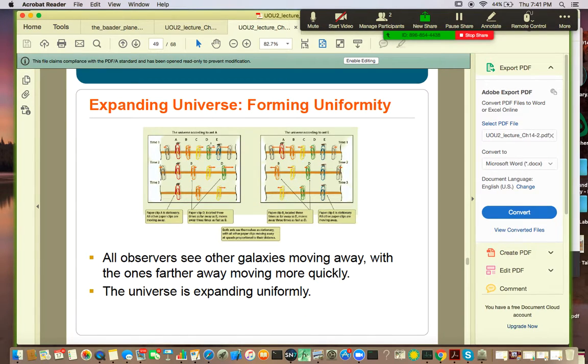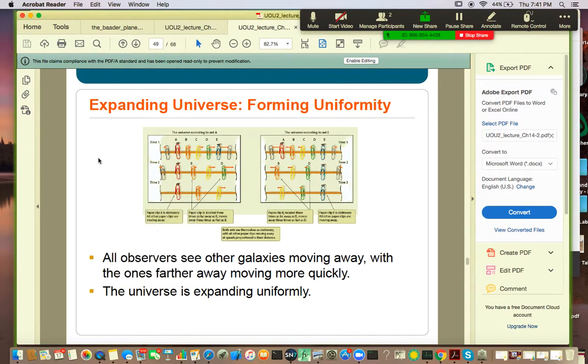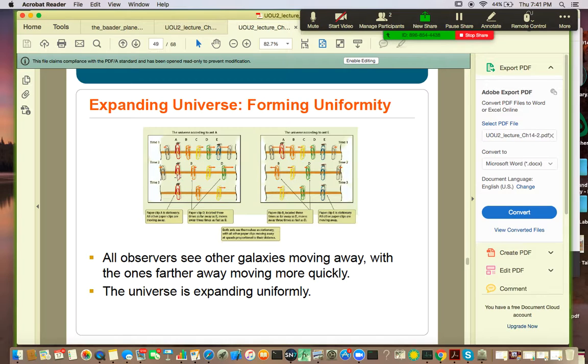This example here is one of the best I know that helps to visualize expansion. You have a string with clips attached to it. Imagine that it is an elastic, right?